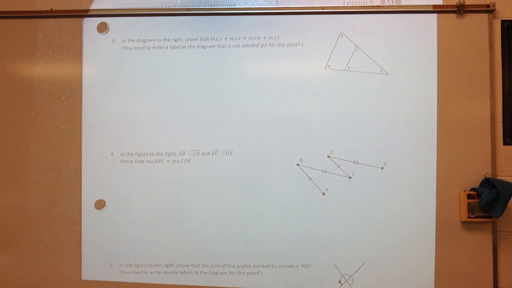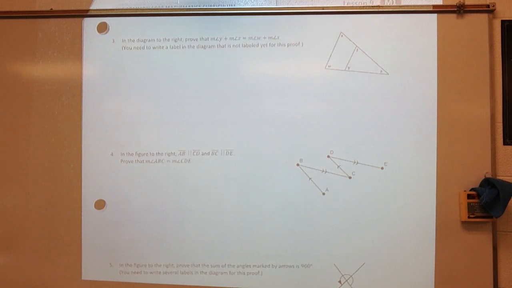So it says I need to add something for this proof. All right, so let's figure this out. I notice nothing is marked as far as congruence or parallel or anything like that.